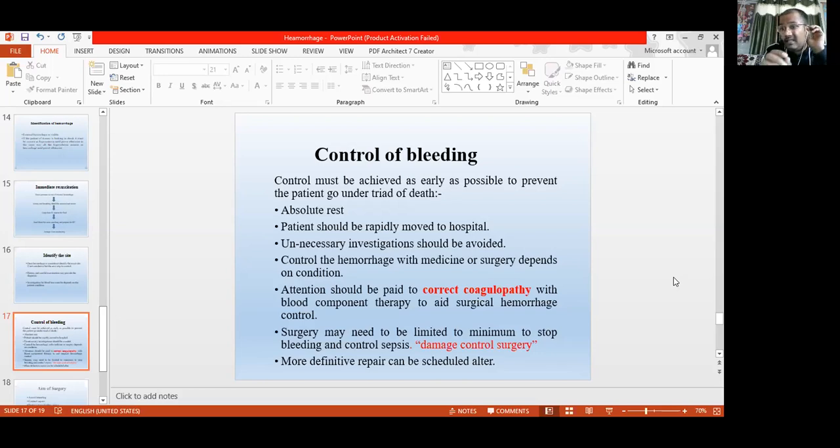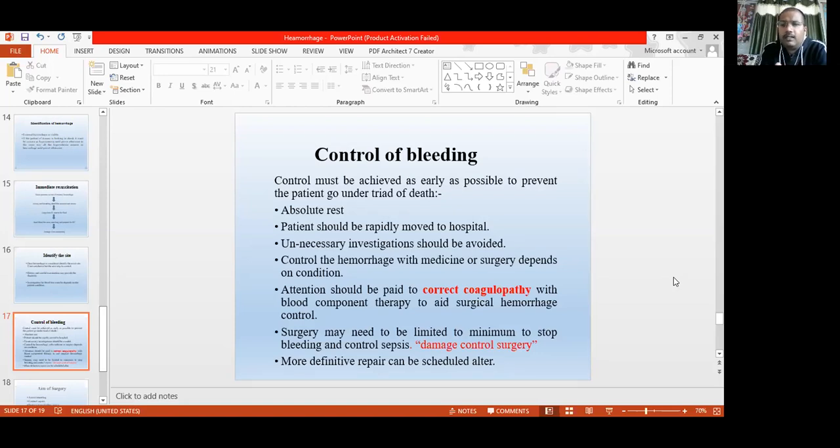Then, in emergency situations, you have to avoid all unnecessary investigations. Suppose a patient comes with bleeding and you are doing an HIV test, or a vitamin D test, that is not required at that time.